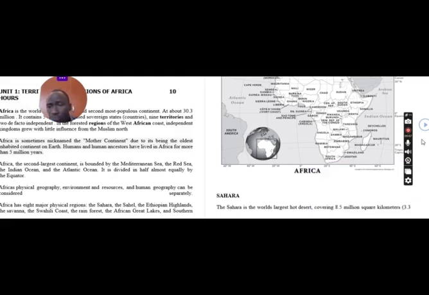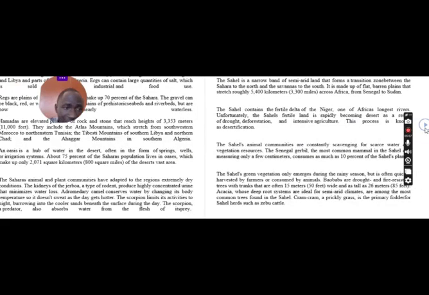When we go on, we are saying that the Sahara is the world's hottest desert, covering around 8.5 million square kilometers. So that is the Sahara Desert.